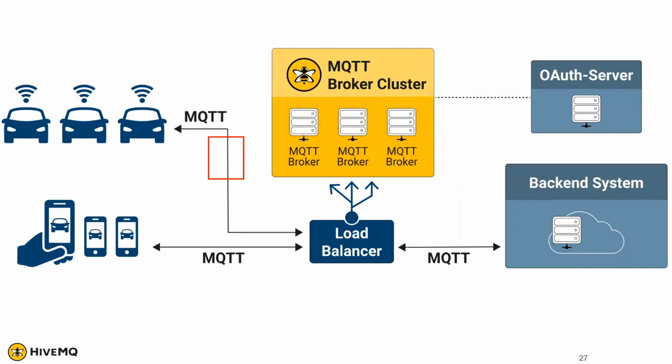With MQTT, we have standing TCP connections, so the source and the destination IP address need to be the same for the entirety of the connection. When talking about request-response type communication like HTTP, this is not an issue.